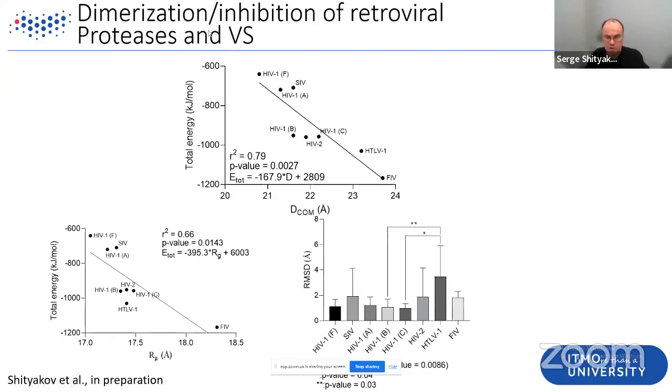If you imagine the HIV protease, it has two dimers, and these two dimers are separated by some distance from each other. So if we analyze the interaction distances and the interaction force between these two dimers, you can see that there is some correlation in terms of the interaction.